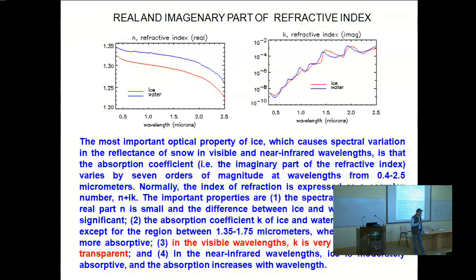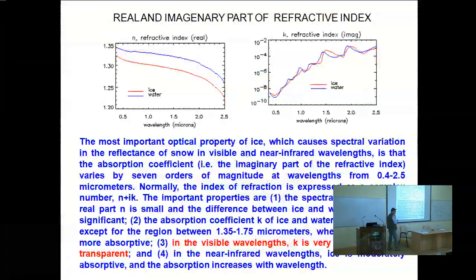So if there was a large difference in the refractive index between ice and water, we could have great potential to use the visible band spectrum to know the state of snow. But that opportunity is not there because we do not have a significant change in the refractive index.